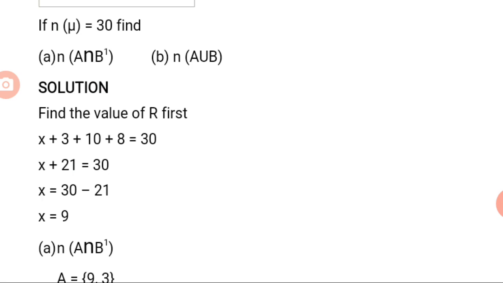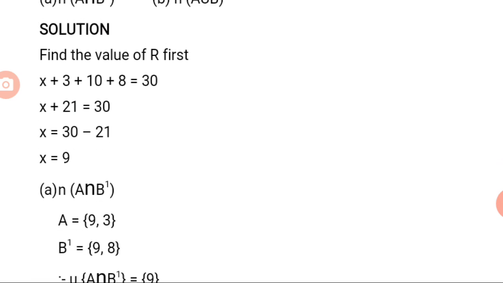Therefore, to find the value of X, we subtract 21 from 30, which will give us 9. Are we together? So the number of A intersection B complement.